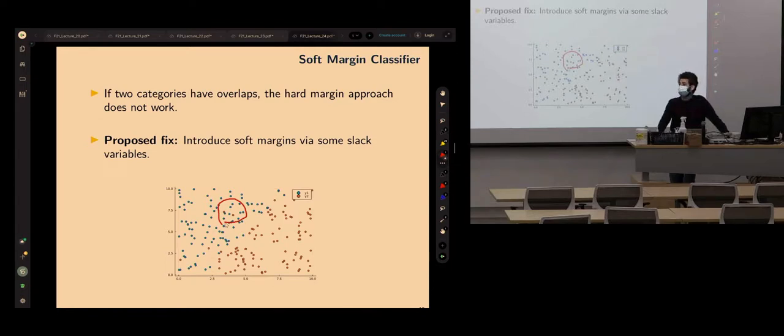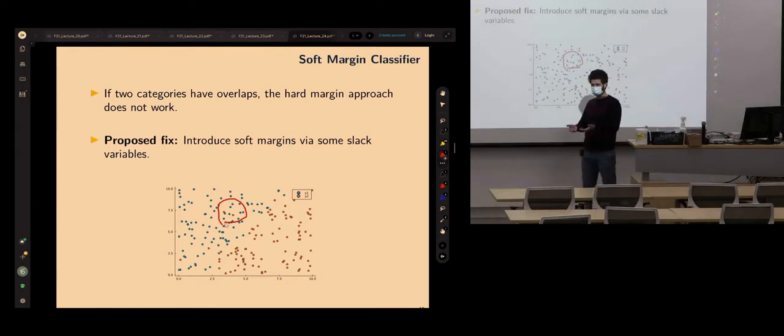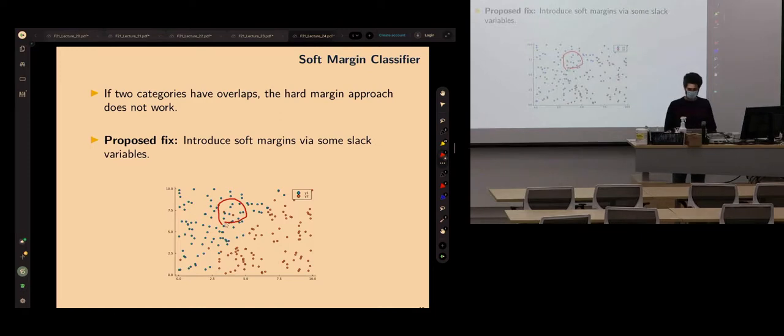You might have outliers if you are collecting data using a sensor or with some process that can introduce mistakes. Outliers are points that, for example, you get a point here, right? This can't be true, but in data it exists, right? And it's not easy to clean it up because you don't know if it's an outlier or not. Of course, if you knew it, you would remove it, but you don't know that.